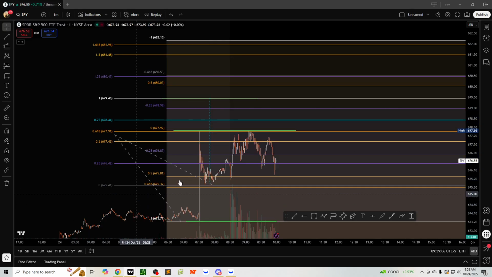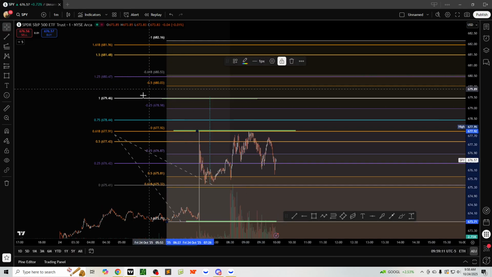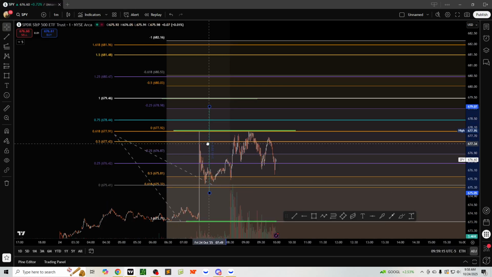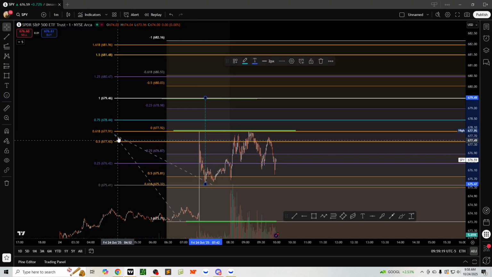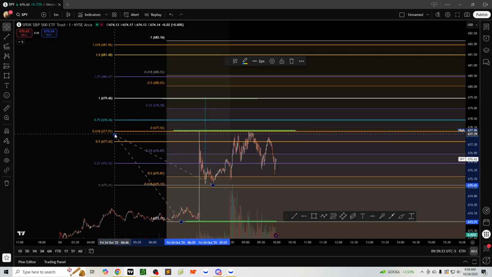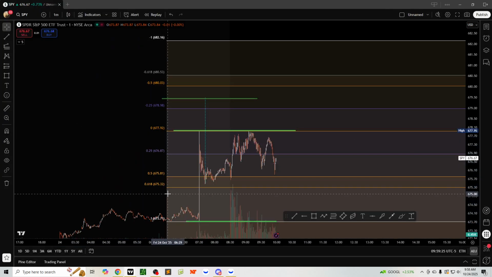So if you were to only use retrace to try to figure out extended targets, you're going to start where you pulled back to, okay? And then you're going to, oh, I've got it locked. Hold on.